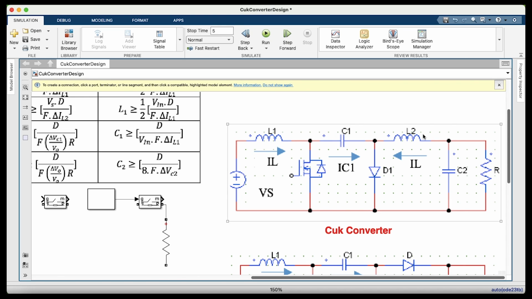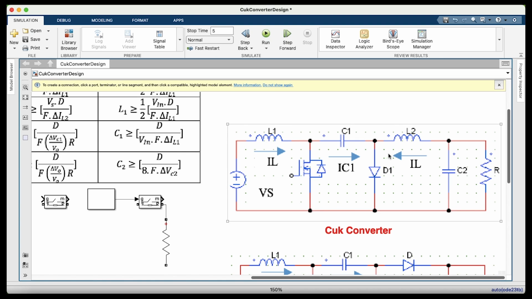During the on state, when switch S1 is turned on, this diode becomes reverse biased. Therefore, this diode will be open circuited. Now the input supply flows through L1 and also the switch. During this time period, L1 stores the energy.